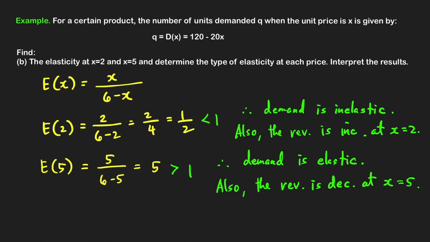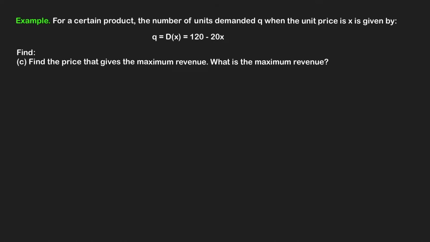Let's now move to the last question. Let's find the price that gives the maximum revenue and find this maximum revenue. We know that the revenue is maximum when the value of the elasticity function is equal to 1.